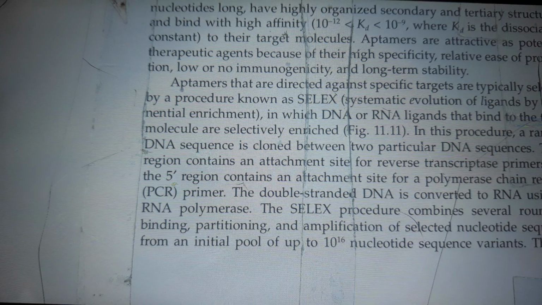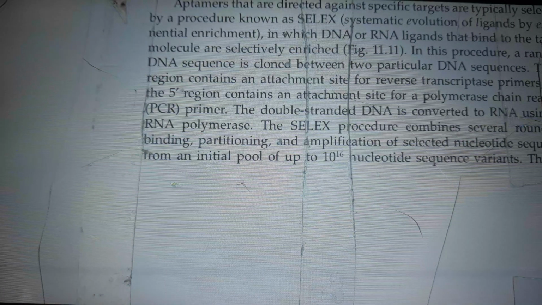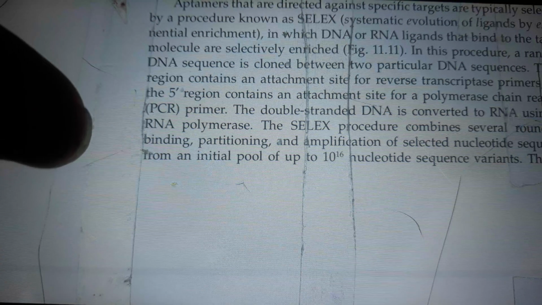The double-stranded DNA is converted to RNA using T7 RNA polymerase. The SELEX procedure combines several rounds of binding, partitioning, and amplification of selected nucleotide sequences from an initial pool of about 10 raised to 16 nucleotide sequence variants.